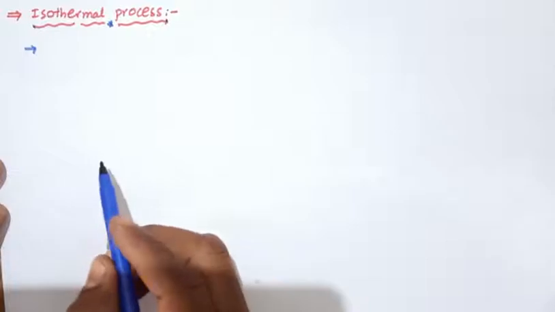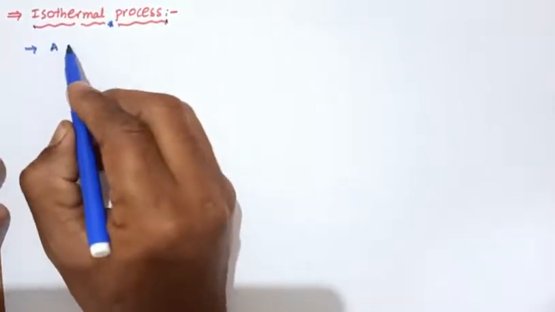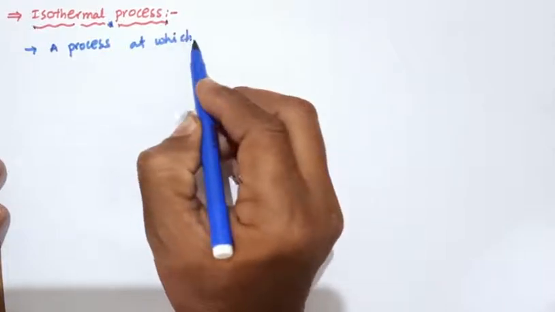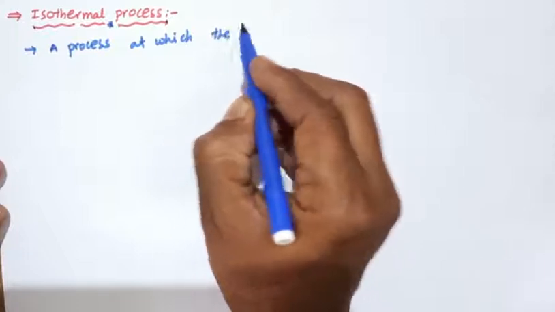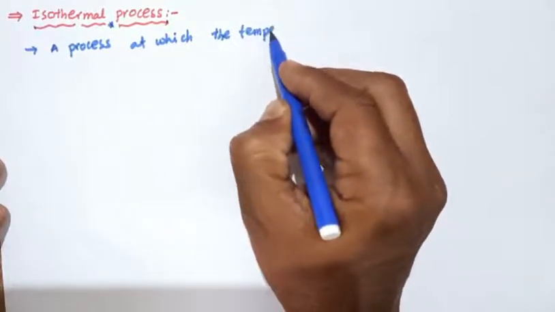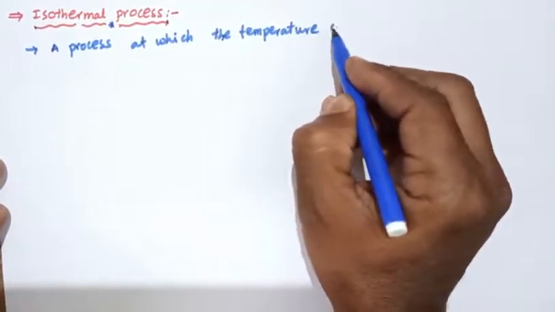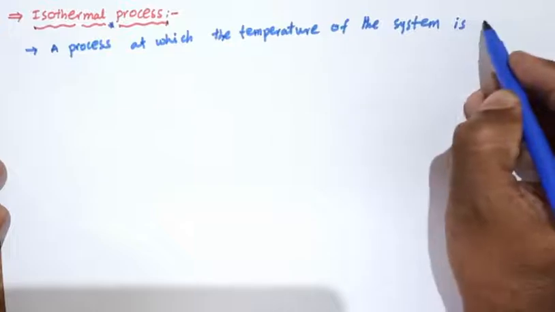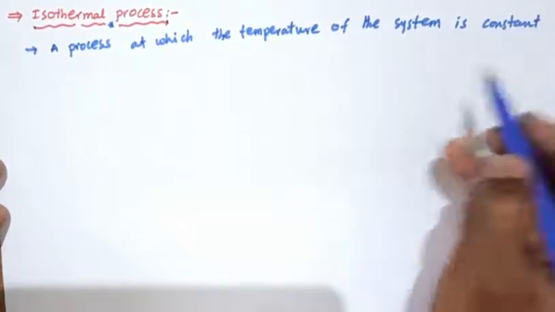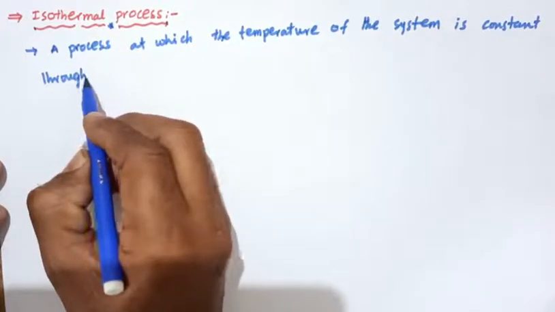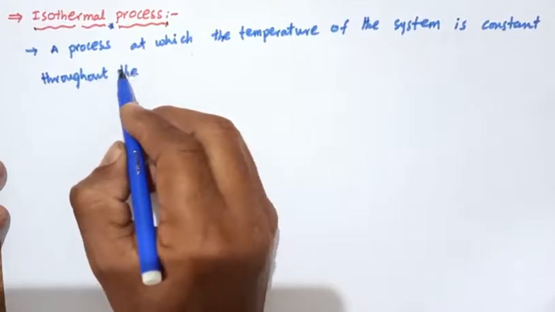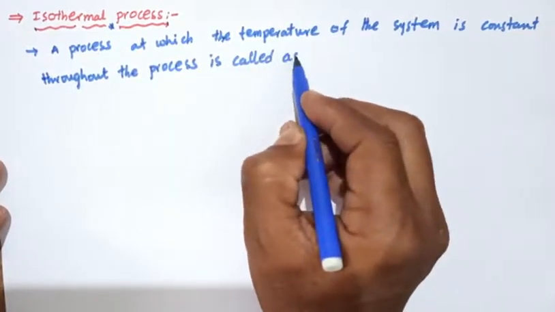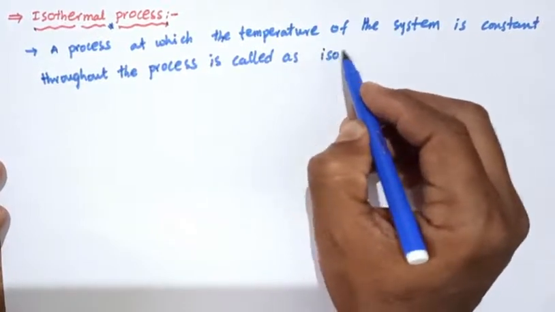So, the definition is: an isothermal process is nothing but a process at which the temperature of the system is constant throughout the process is called as isothermal process.